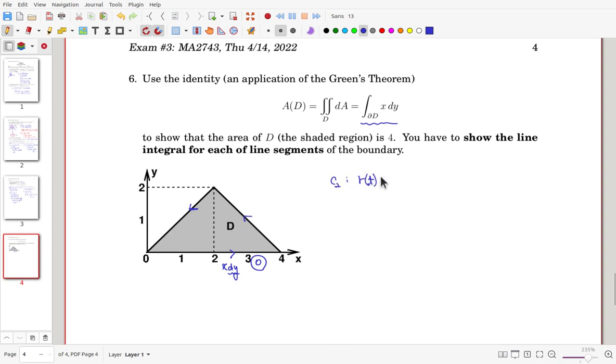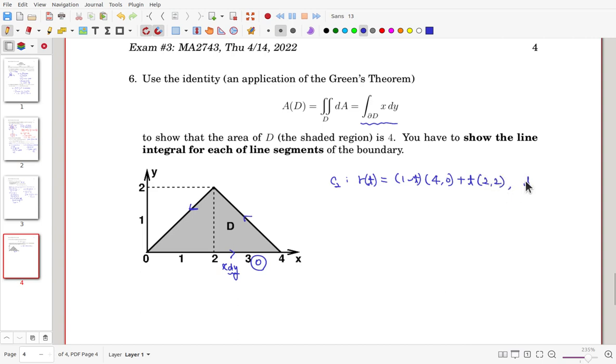You can parameterize it in more than one way, but we'll do one way here. The beginning point is 4, 0, and the endpoint is 2, 2.